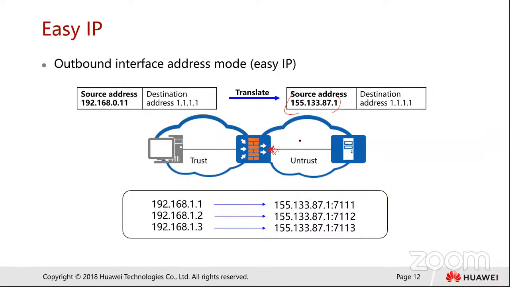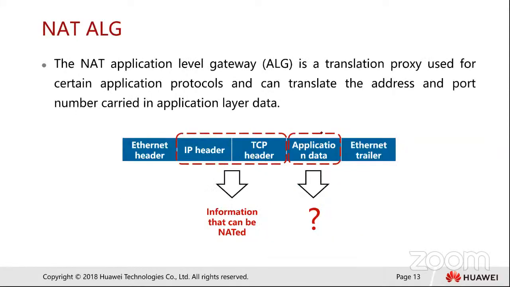So here, Easy IP translates private IP addresses into the public address of the outbound interface without the need of configuring a NAT address pool. Addresses and port numbers are both translated so that private addresses share the public addresses of outbound interfaces, just like you see in the illustration.